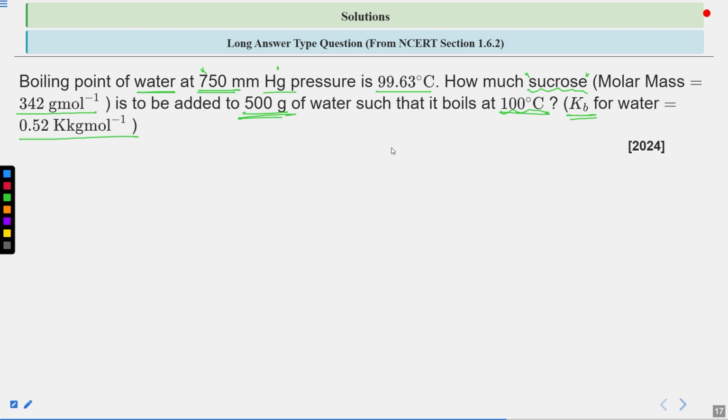This question came in CBSE in 2024. So you have some time, try to solve it and think about it, and then we will see the correct explanation and the solution of this question.